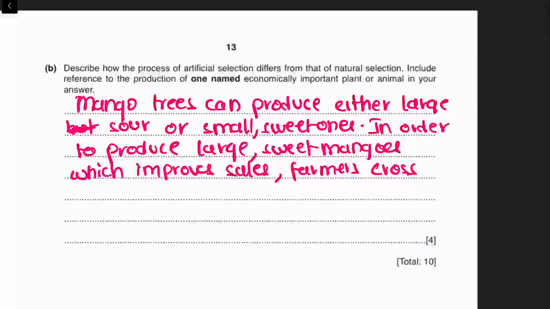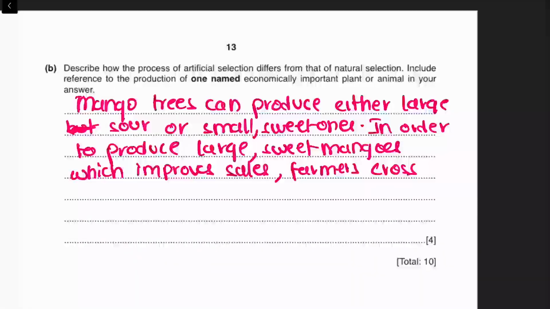Natural selection, there are no humans involved. Naturally, it is happening because of how nature is, right? So you have to mention farmer or human to show that this is artificial selection you're talking about, because humans are putting their hand and changing things, which improves sales.